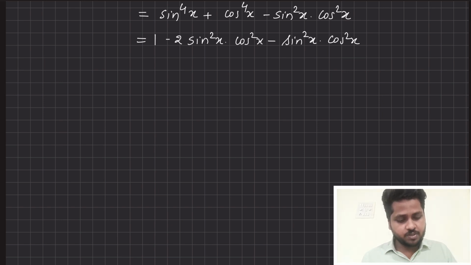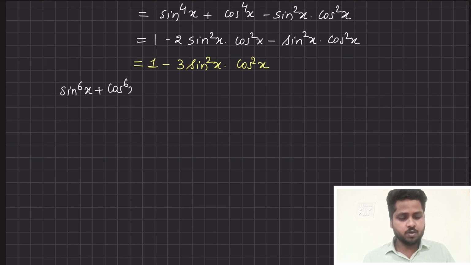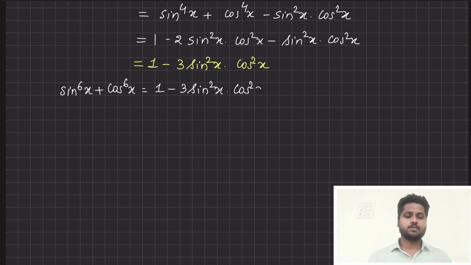So this will be same as 1 minus 3 times sine square x into cos square x. So finally I am getting sine raised to 6x plus cos raised to 6x is equal to 1 minus 3 times sine square x into cos square x.